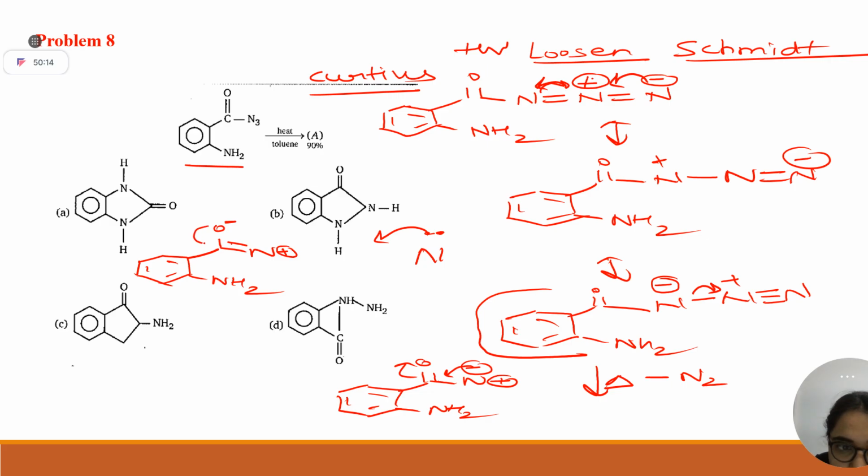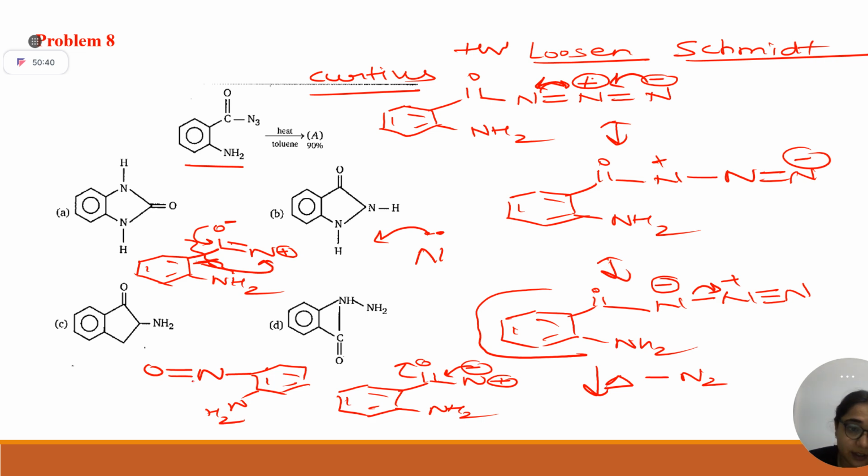Now what will happen? This oxygen will come back, and this bond is going to migrate to this nitrogen. How? For your understanding, you can break this bond. Positive will come here, so you will get O double bond N, this phenyl ring with NH2.